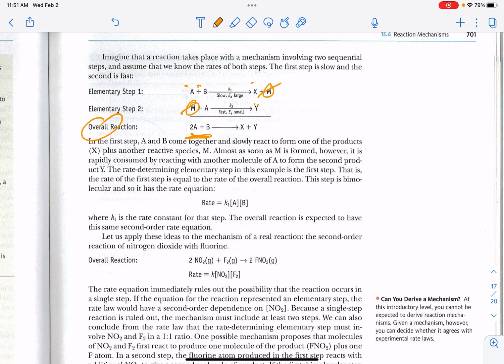So each of my elementary steps are bimolecular. Two particles must collide with each other.